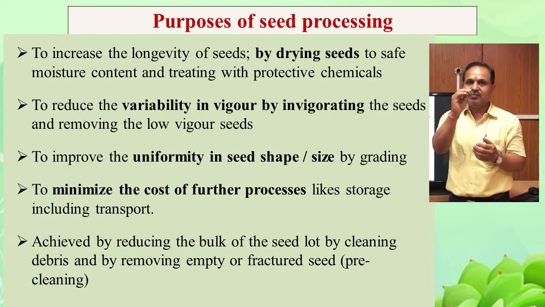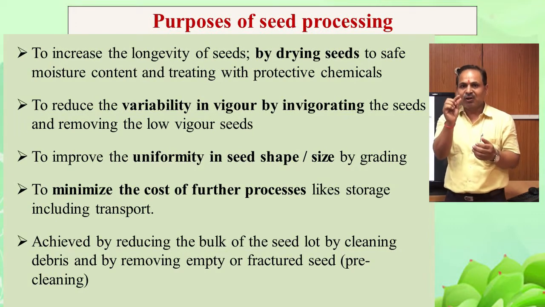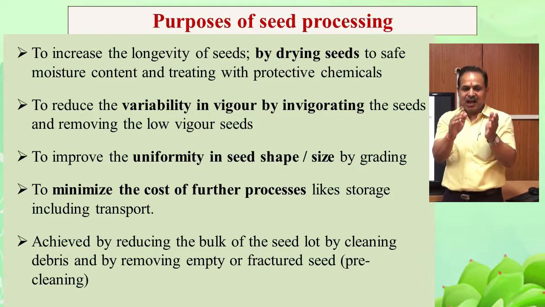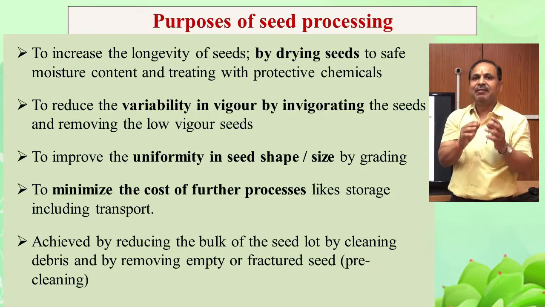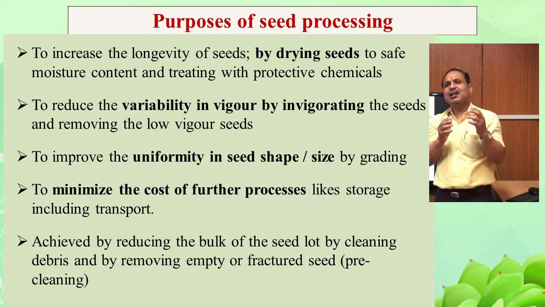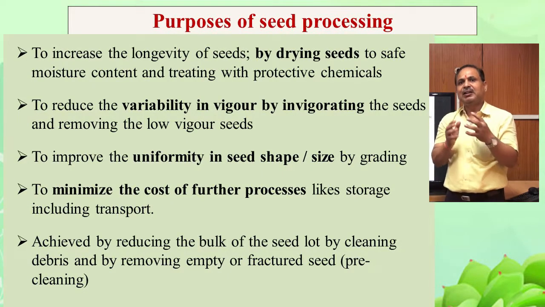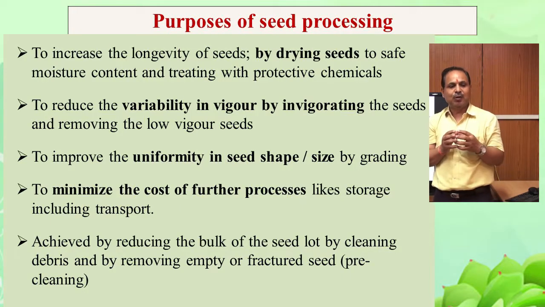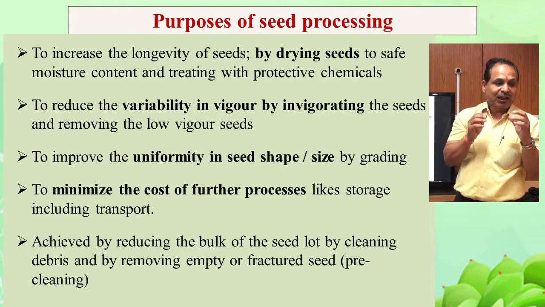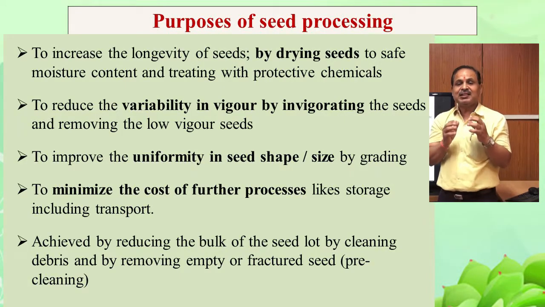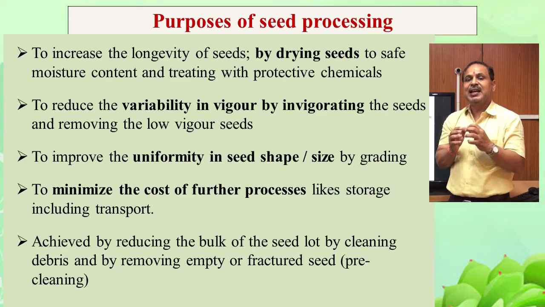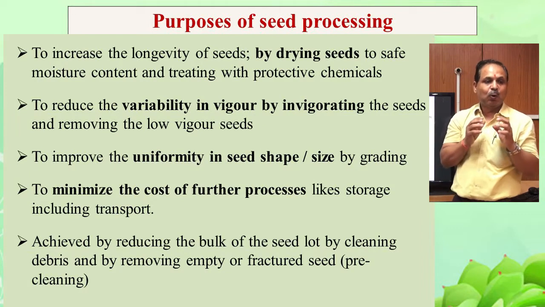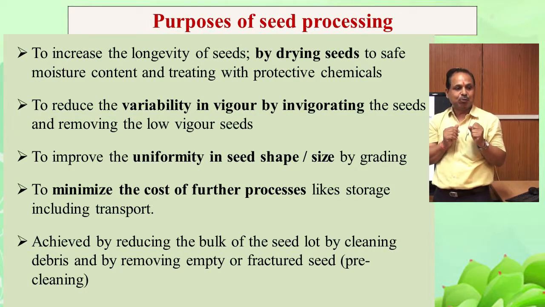At the upper part of the cob we have the smaller seeds, in the central part the medium size of seeds, and the lower part has the bigger size of seeds. Similarly, in potato you can have different sizes of seeds, but all of those are not used as seeds by the farmer. So uniformity in seed size can only be achieved by grading during the whole process of seed processing.